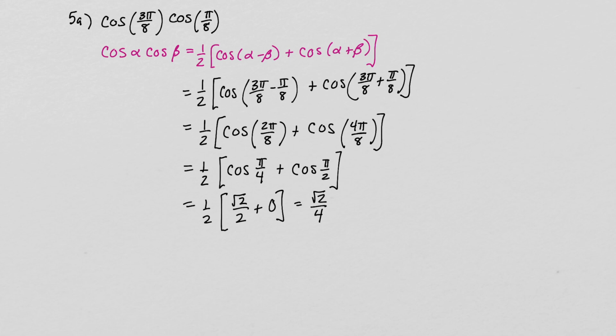The 2 pi over 8 came from here. My 3 pi over 8 is my alpha, and the pi over 8 is my beta. When I plug them in, I did alpha minus beta, so 3 pi minus 1 pi all over 8. 3 minus 1 is 2, so 2 pi over 8. Does that help, Morgan? No problem. Any other questions?